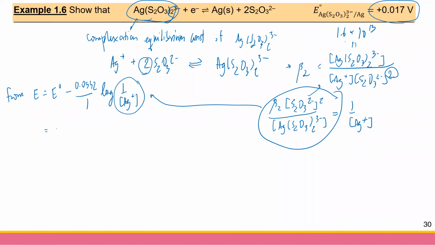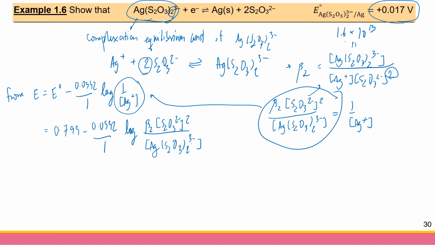So this is going to be 0.799 minus 0.0592 over 1 log beta 2 thiosulfate square over silver thiosulfate. And then you substitute the beta.